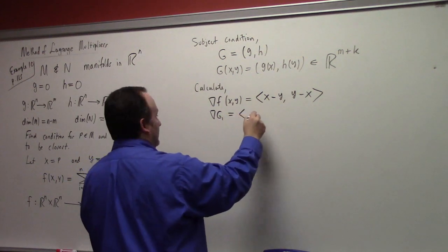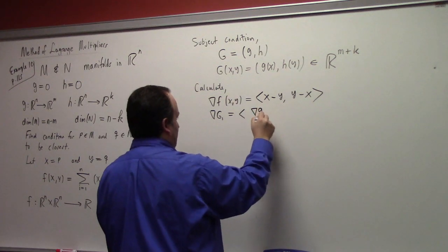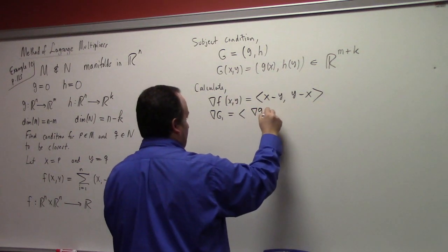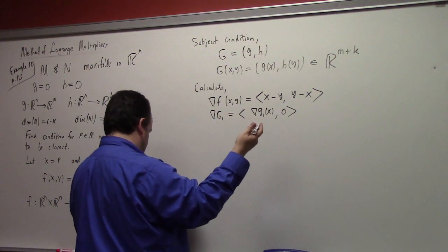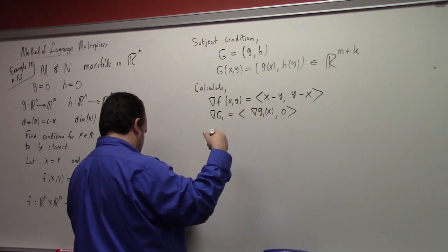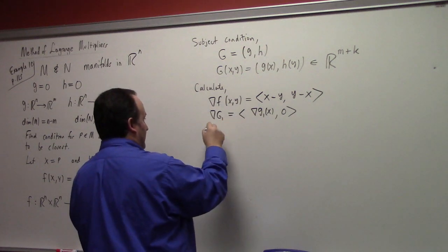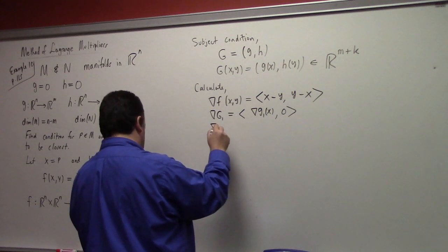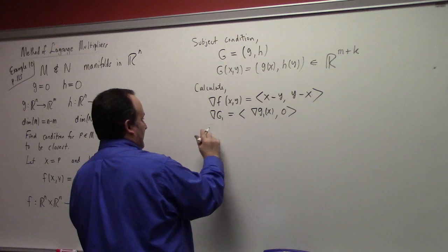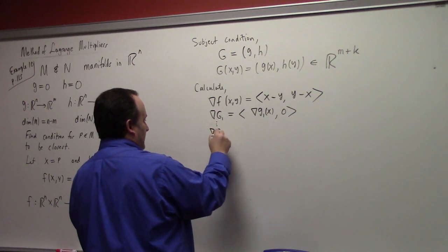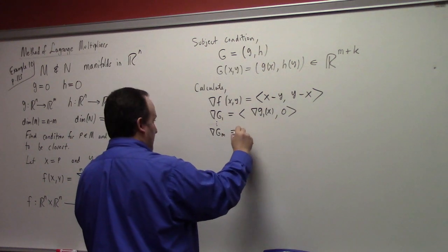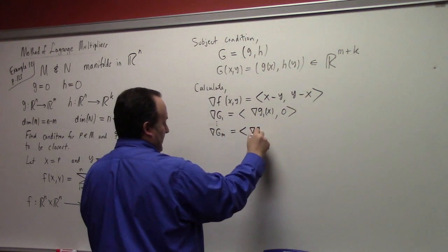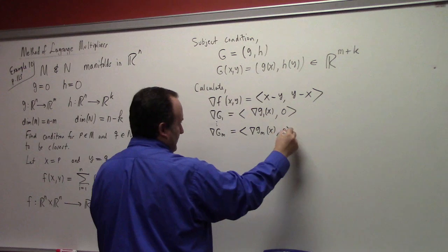We've got gradient of little g1 of x, and then zeros because there's no y dependence, right? And then we have, well, we can skip ahead a bit. The gradient of the mth constraint function is going to be nabla gm, little gm of x, and again 0.